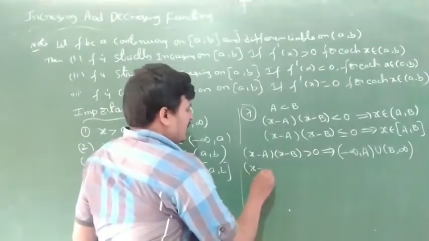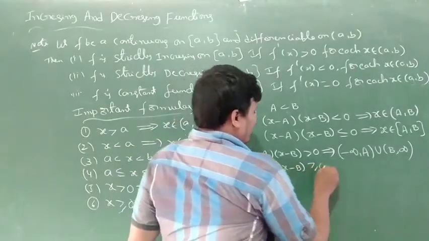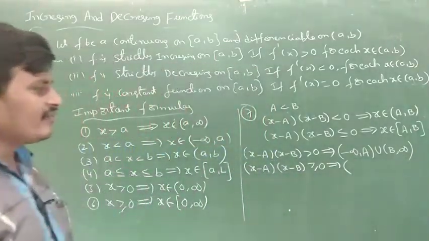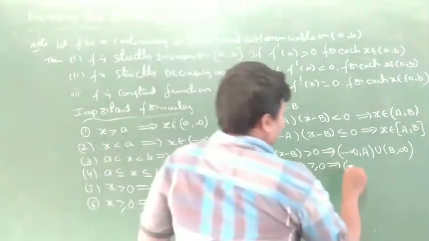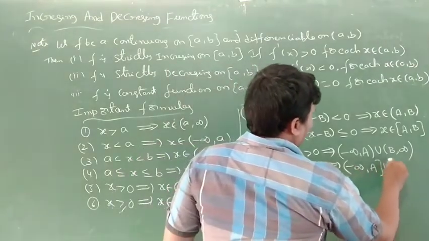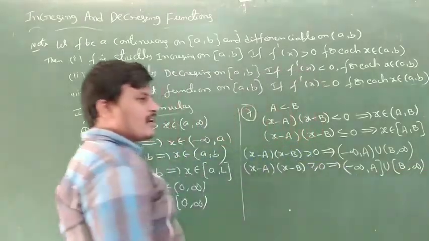Next, last one, x minus a into x minus b greater than or equal to 0 means what? Minus infinity and plus infinity are always open interval. So minus infinity to closed a, union closed b to infinity. Infinity is always open interval.